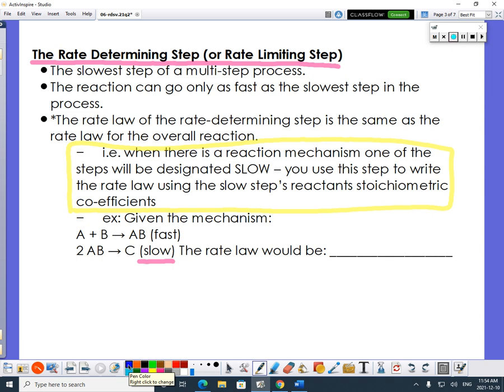If you want to remind yourself, what does a rate law look like? And then we only care about reactants. And we figured out what the exponents were, right, with the chart. This is general, sorry.